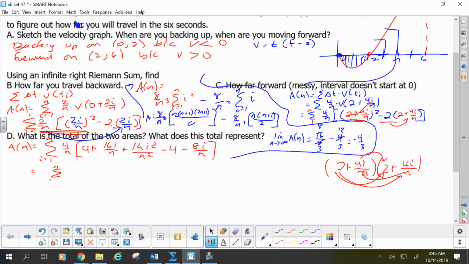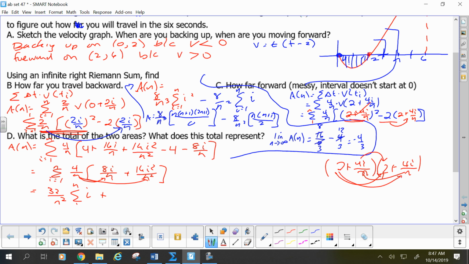Let's combine like terms. 4 over n is fine. Inside the brackets, what's the total of the constants? 0. What's the total of the i's? 8i over n. And what's the total of the i squareds? Okay, now we're getting to the point where we can break it into summations. So, one summation of the i's, what goes out front? 32 over n squared times the sum of a bunch of i's.